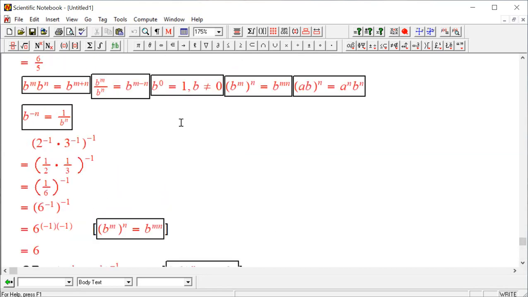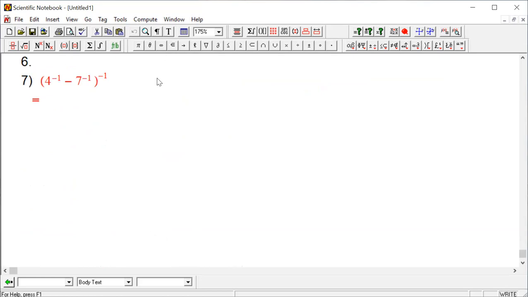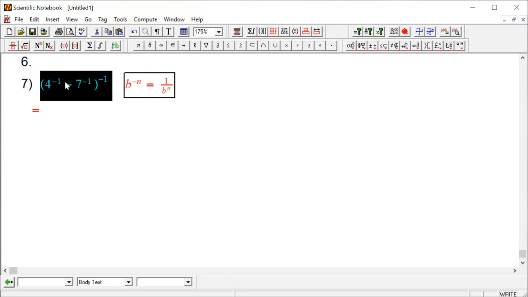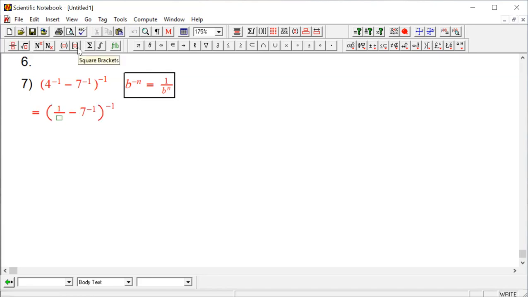For the negative exponents, of course, we can apply the definition of a negative exponent. So over here, we're gonna keep the parentheses, the power outside, and this one is gonna turn into a quarter. And this other one is gonna turn into a 1/7.